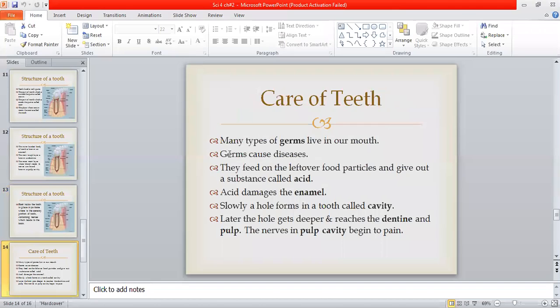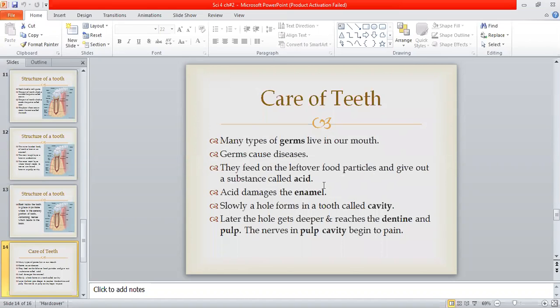Germs are particles which cause different diseases. So many types of germs live in our mouth. They feed on the leftover food particles and give out a substance called acid.